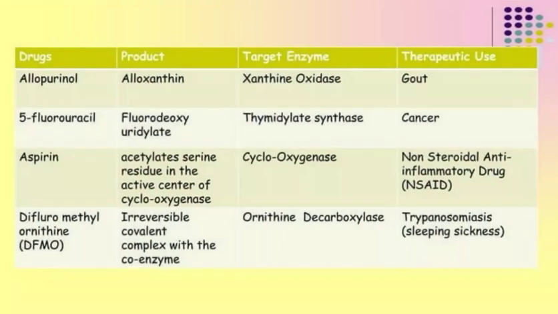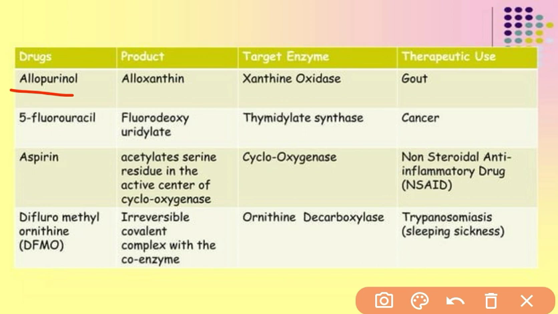Some examples are listed here: drugs, their products, and a target enzyme, and they are used for therapeutic purposes. The first example of a suicide inhibitor is allopurinol. Allopurinol inhibits xanthine oxidase activity. It is used to prevent or lower the excess of uric acid in the blood. Allopurinol is a purine analog and an isomer of hypoxanthine.